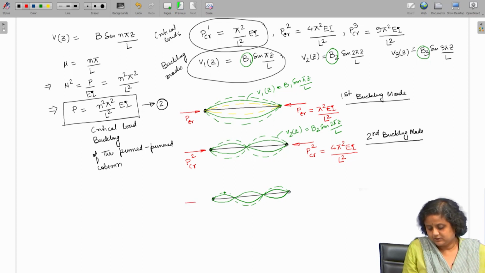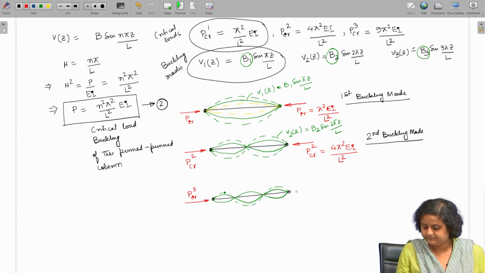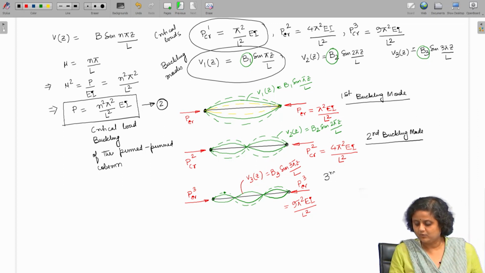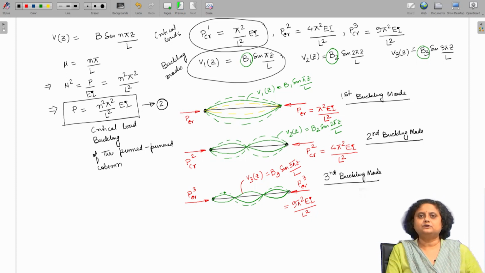The third critical buckling load is P critical 3, which is given as 9 pi square E I by L square, and the mode is given as V3 z, which is B3 into sine 3 pi z by L. So, this is the third buckling mode.